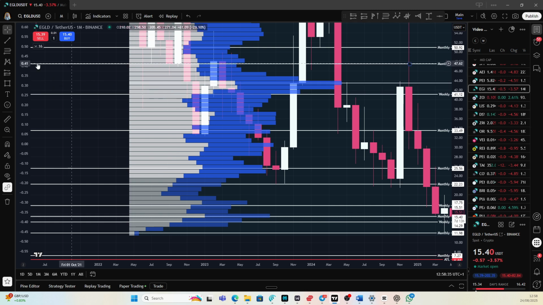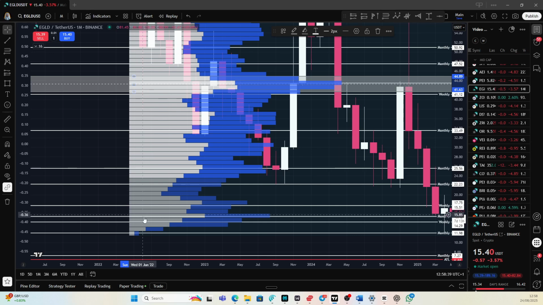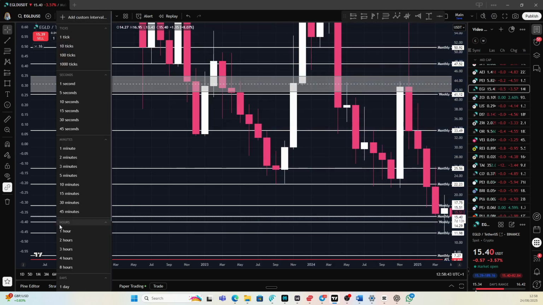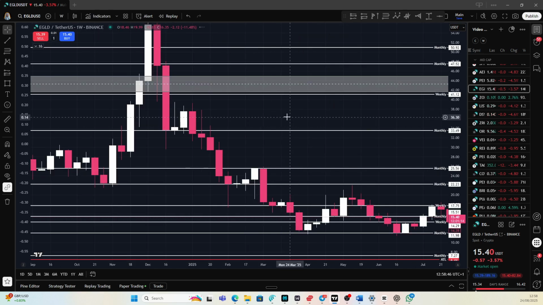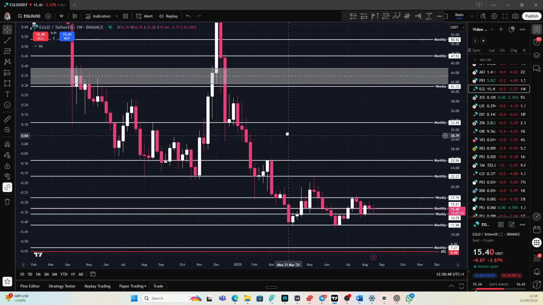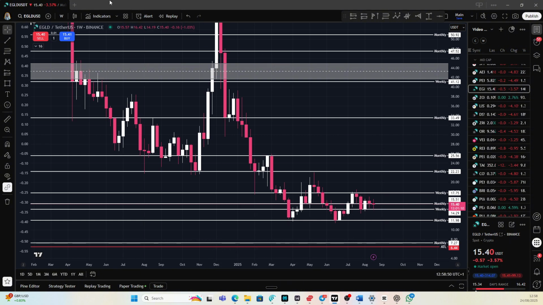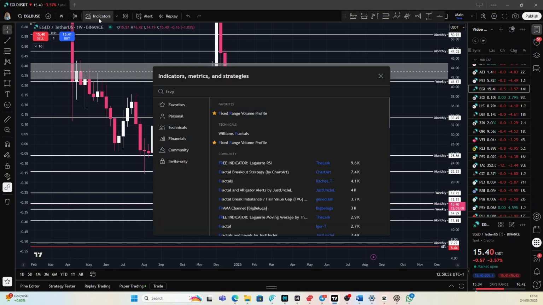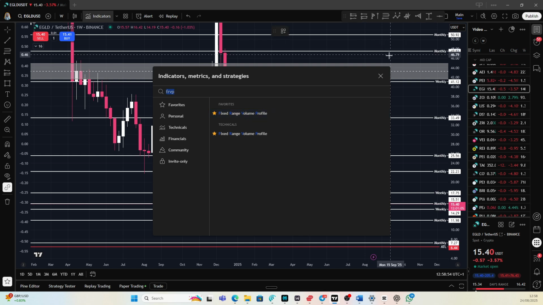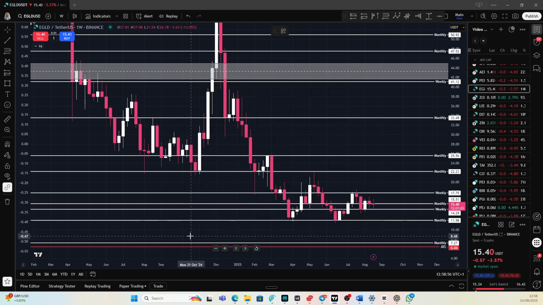So I think this is an area that's of interest. I think there's an interesting area there, but I think actually if we go in on the lower time frame, this may be a little bit easier to spot. So particularly around where we're currently sat, I think for me is where I'd be of most interest on this.